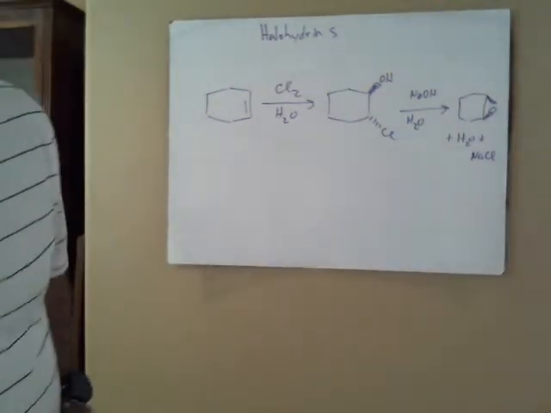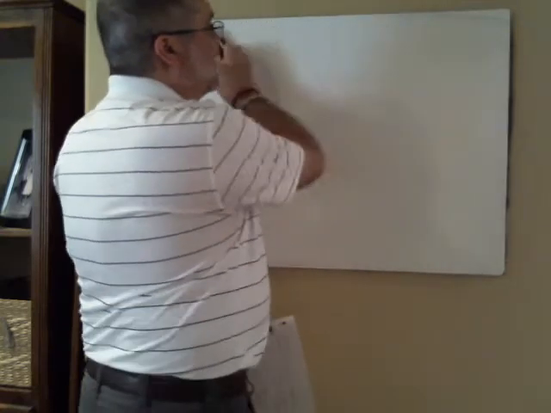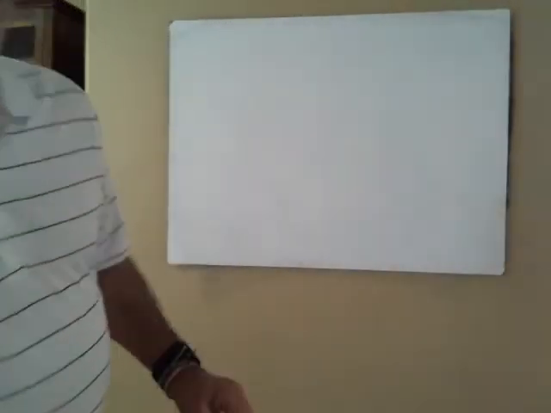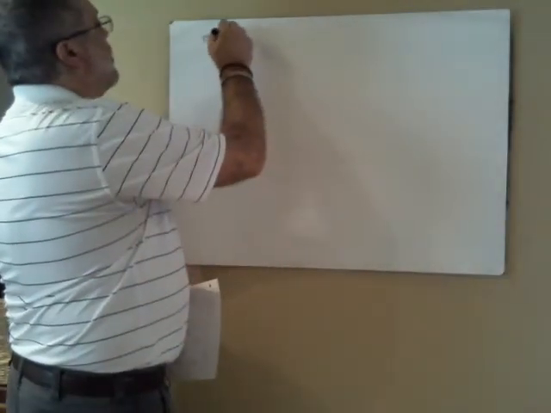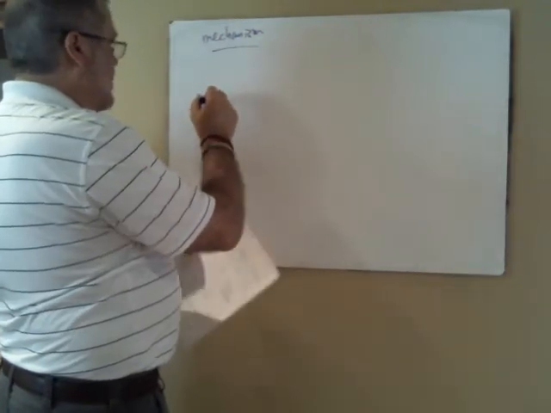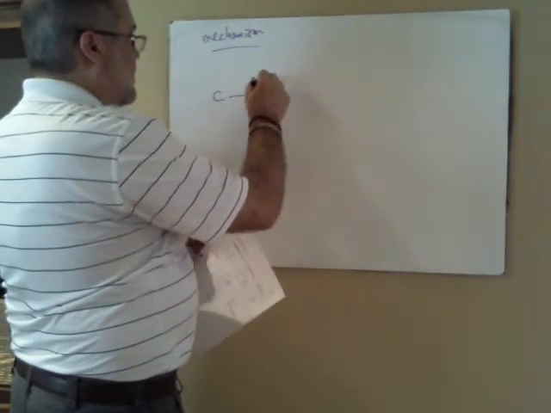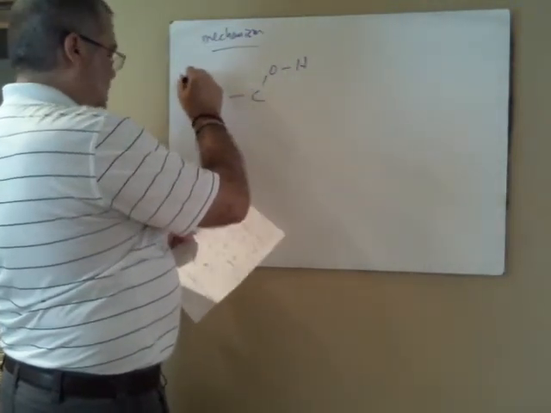We want to look briefly at what the mechanism is. Of course, we know that mechanism because it's the same as the Williamson ether synthesis, but just to make sure, let's work through it. The mechanism would be having the halohydrin, and I'm going to show the example as an acyclic halohydrin.